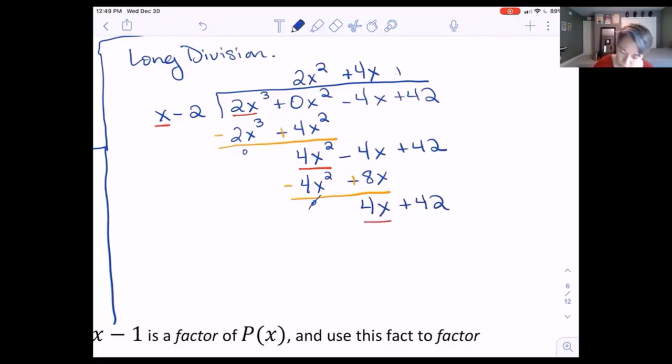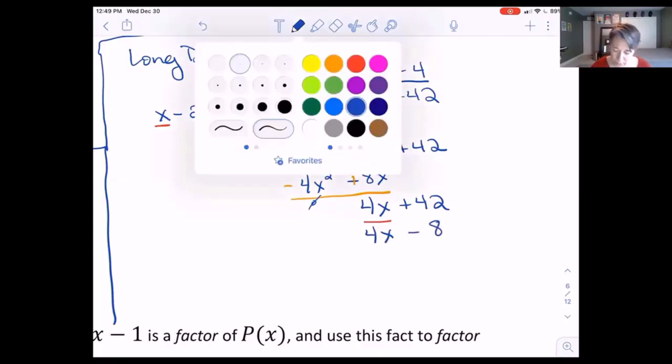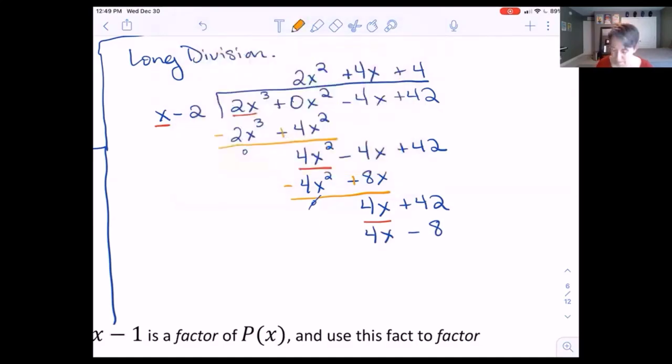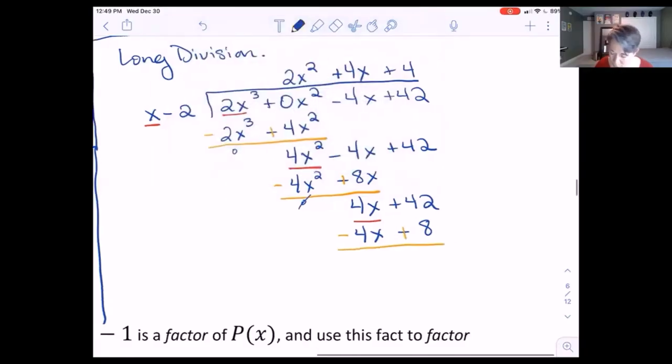We put that 4 here in the constant column and distribute. 4 times x gives us a 4x. 4 times negative 2 gives us a negative 8. Then we subtract by distributing a negative to the bottom. We change the sign, draw the line, and when we combine, we get a remainder of 50 again. So 50 over x minus 2.